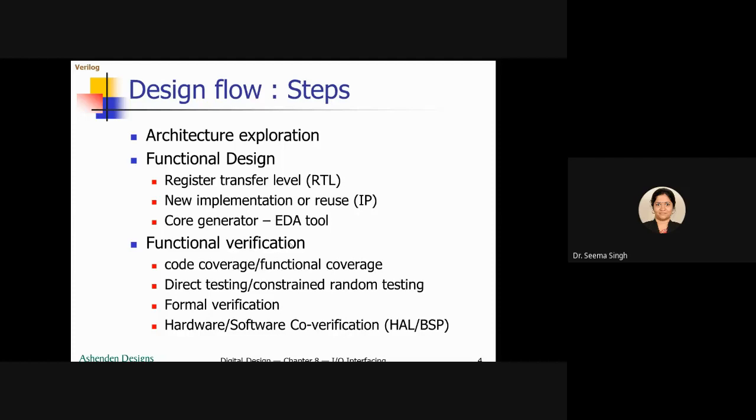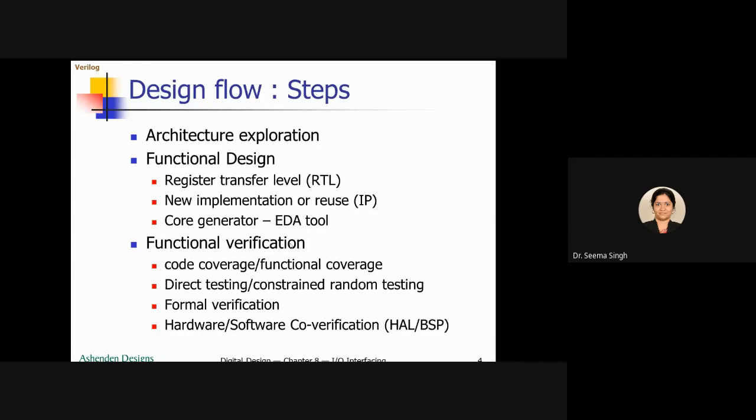And this approach is very effective only for simpler components where there are only a small number of categories of stimulus. When you people did the lab, you were doing this only. What you were doing in the lab was direct testing only. You have a small design, so you have a small number of categories of stimulus, so you were doing direct testing in your lab.